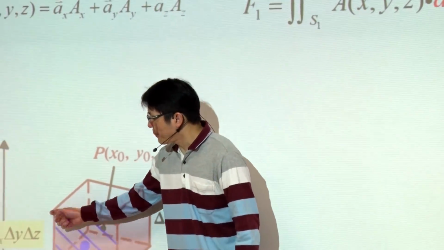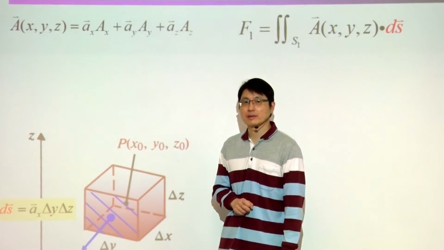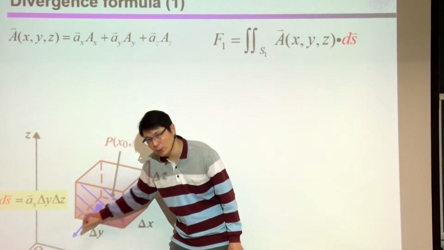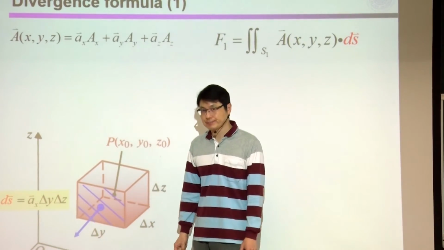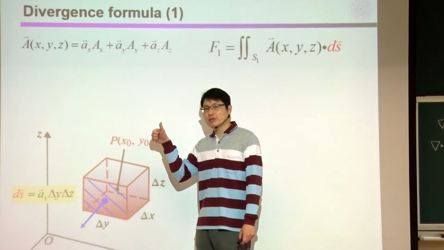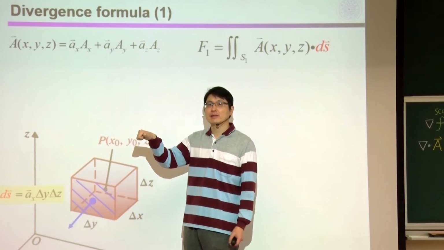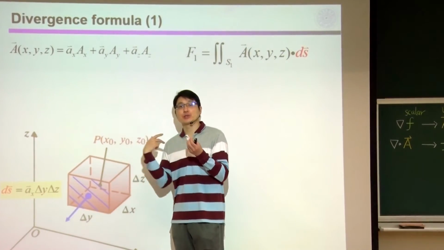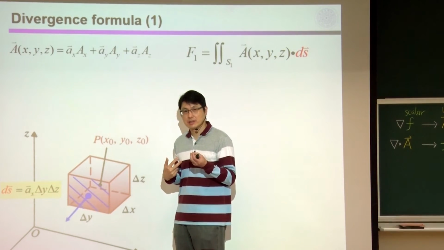So how to properly formulate this differential surface? The direction for this one is pointing outwards, so it must be in the positive x direction. So once you know its direction is in the positive x direction, its area must be determined by the other two coordinates, in the y and z directions.